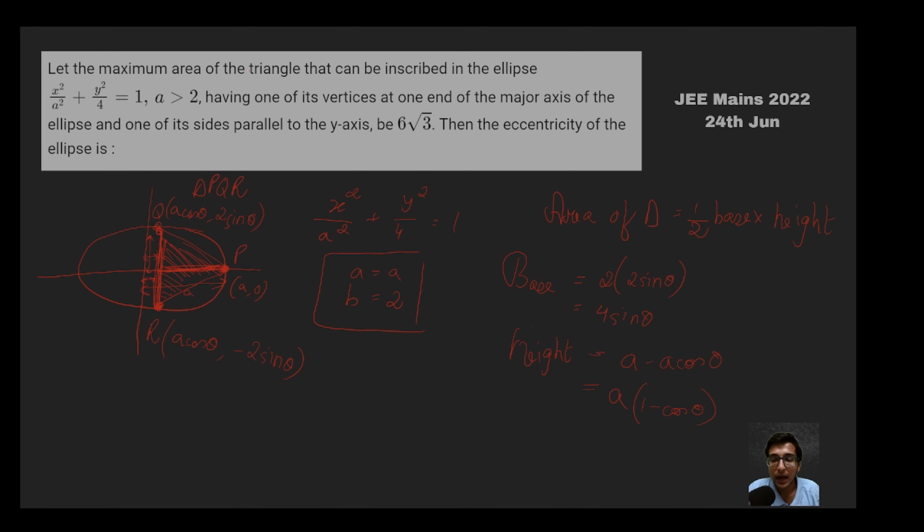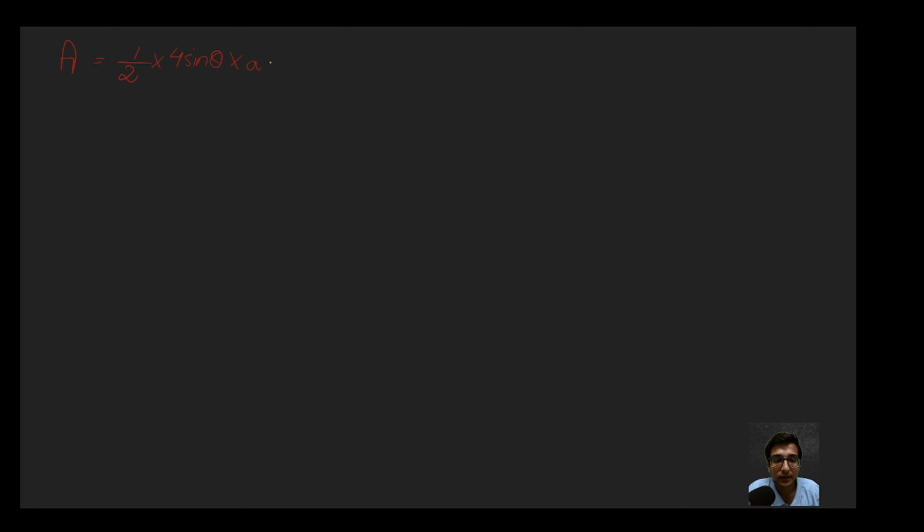So let us say this is A, half into the base, which is 4 sine theta, into the height. Height is a(1 minus cos theta). So 2 and 2 get cancelled. So this becomes 2 sine theta. Sorry, let us take the a here as well. 2a sine theta (1 minus cos theta).